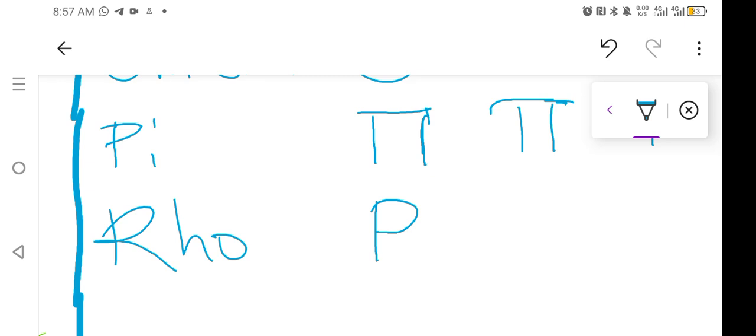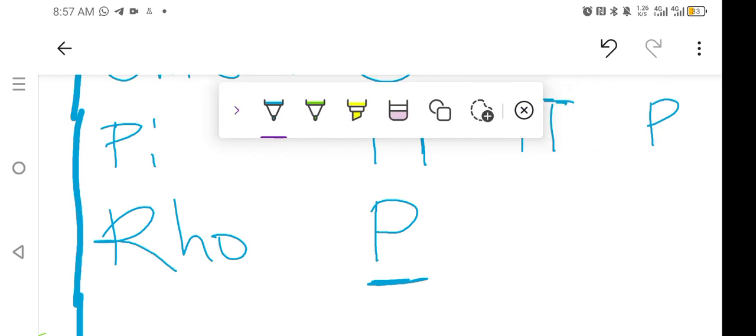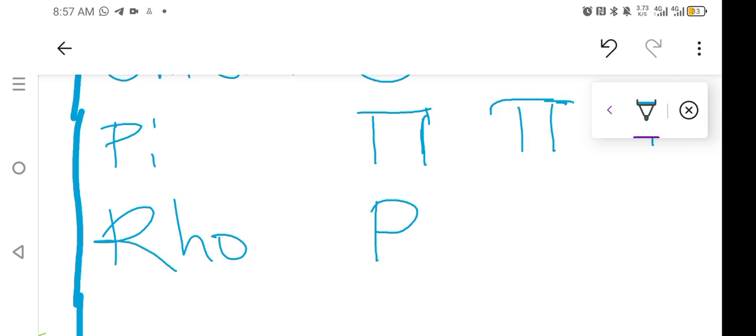That is rho, and it's equivalent to the English letter R. Think of words like rat, res, the R sound. So what looks like P in the Greek alphabet is actually not P, it is rho, and that rho is equivalent to the English letter R.